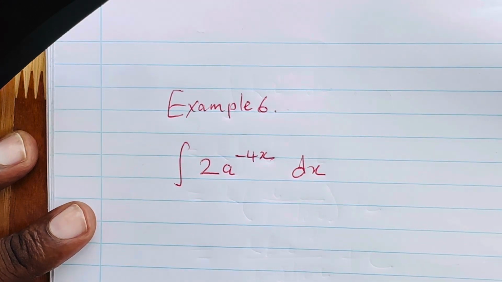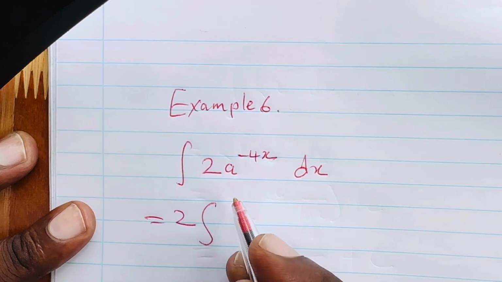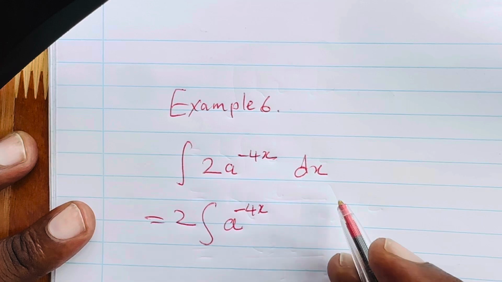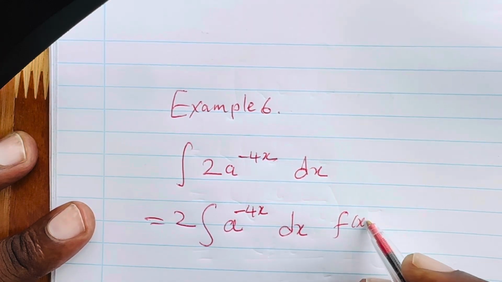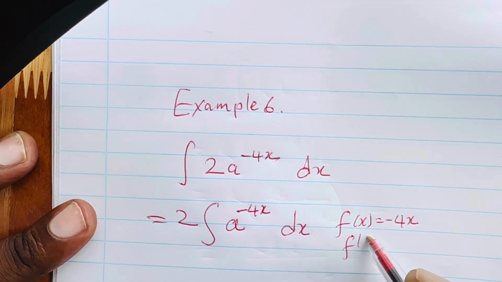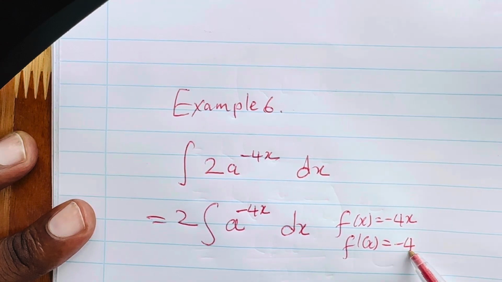What are we going to do now? We move our constant outside: the integral of a raised to the exponent of negative 4x, with respect to x. Our f(x) is equal to negative 4x, then our f prime of x will be equal to negative 4.